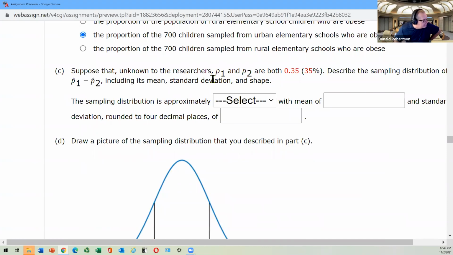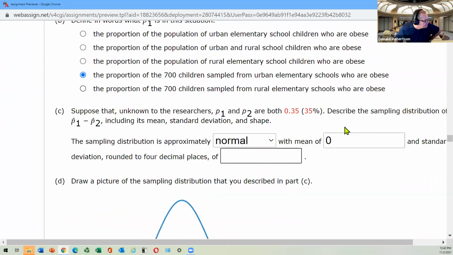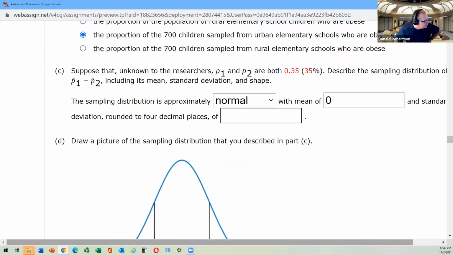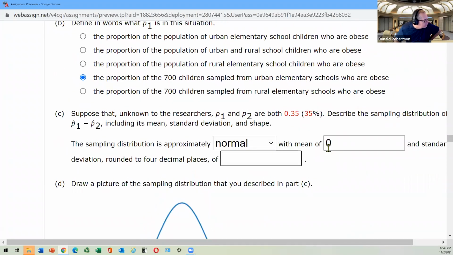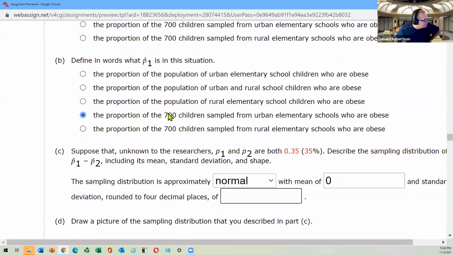Suppose that unknown to the researcher, P1 and P2 are actually the same number. Describe the sampling distribution. It's approximately normal with a mean of 0. Oh, and a standard deviation. Well, the standard deviation would depend on our sample size.